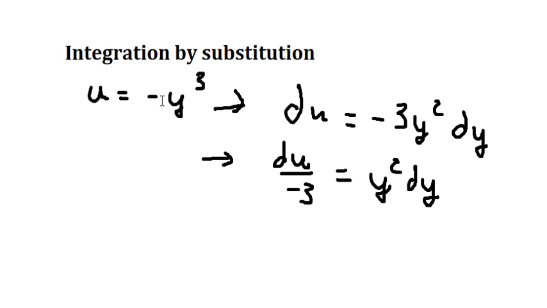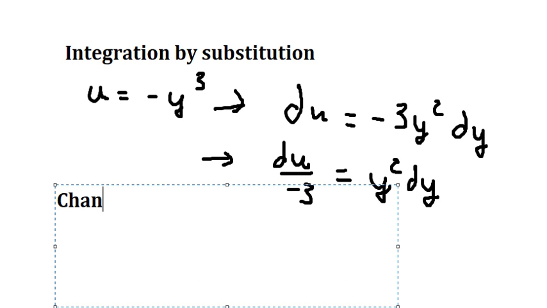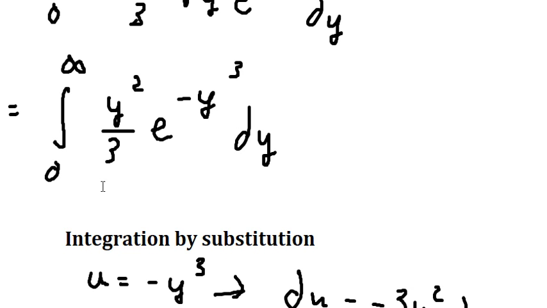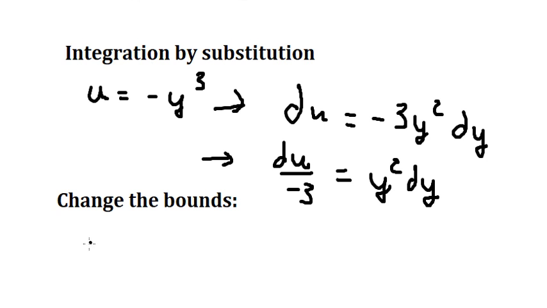Now we need to change the bounds. When y equals 0, we put 0 in here, so u equals 0.